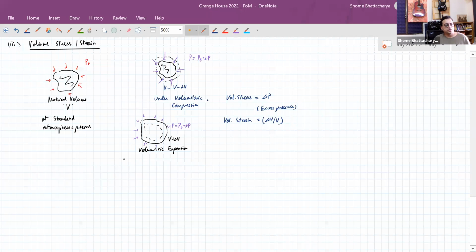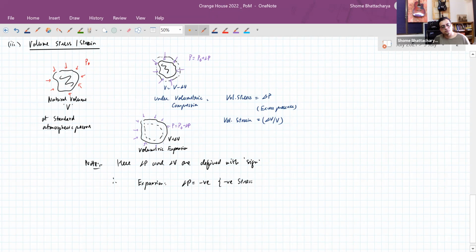So one important point here is that delta P and delta V are defined with sign, with algebraic sign. So therefore, expansion means that delta P will be a negative quantity and delta V will be positive.